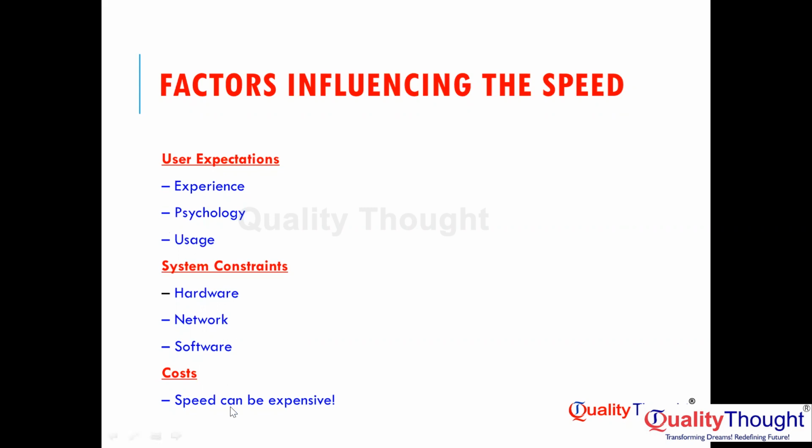influencing our speed. User experience, next, system constraints. Third one, cost. So if you want to get good speed on your application, you need to invest in identifying or understanding the user expectations, understand the system constraints, understand the cost.